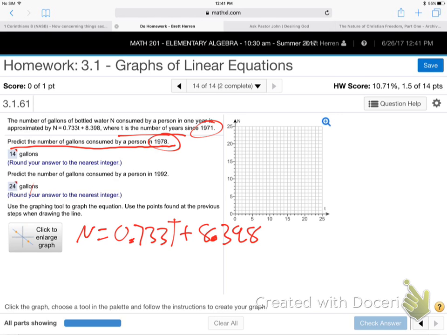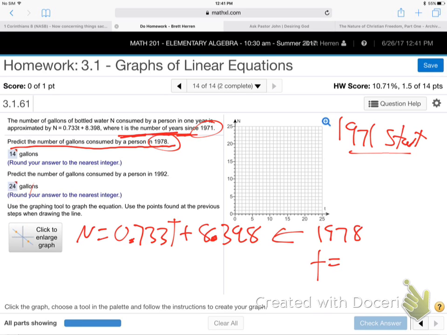1978. How do I do that? Any ideas? What do they want me to do? How can I use this formula to find 1978 bottled water consumption? 1971 minus 1971. Right. So first off, what is the T value? 1971 is the start. T is years since.